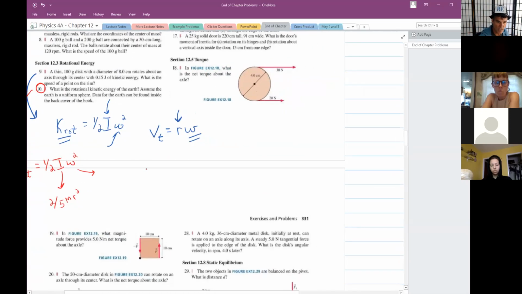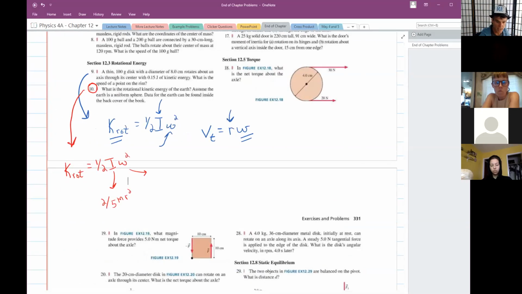So you could get omega as 2 pi r divided by the period. In this case, r would be the radius of the Earth, and T would be the period, which would be 1 day.